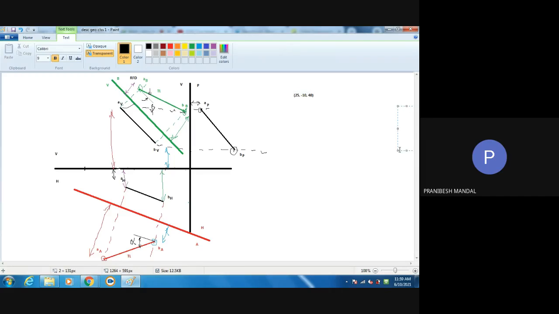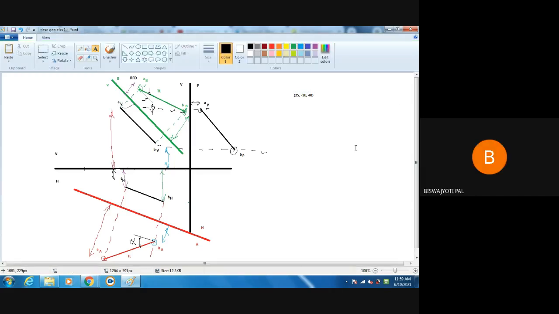You see 25 in the x-axis. Minus 10 means in the minus y direction, that is in the horizontal plane. And 40 means positive z direction in the vertical plane. Is it clear? Yes, now I understand.